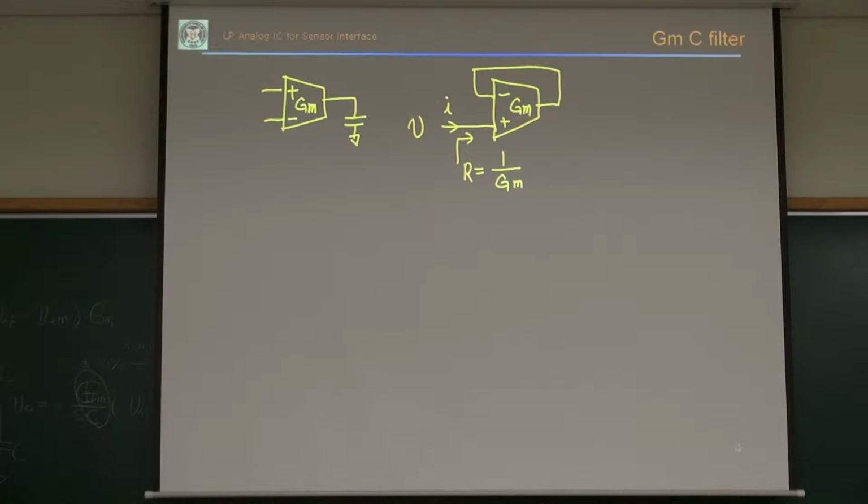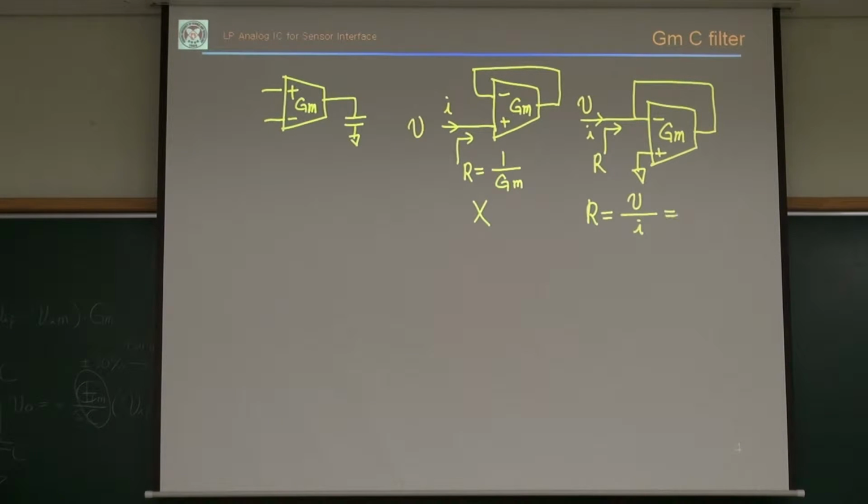Oh, sorry, this is not a resistor, it was wrong. My resistor must work like that. Okay, this is my resistor. So the equivalent resistance looking forward, which is V over I, should be 1 over GM.